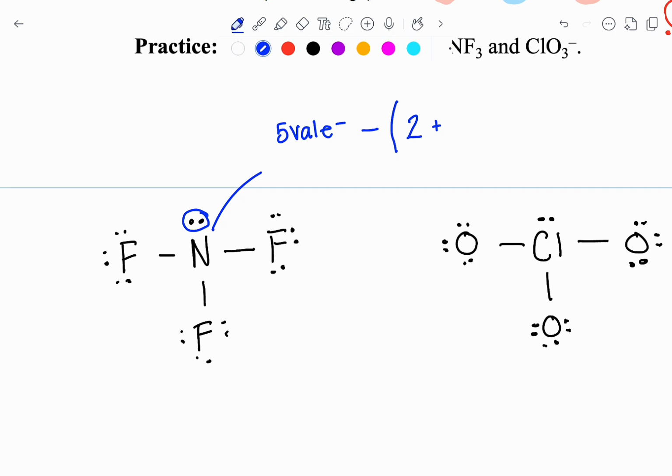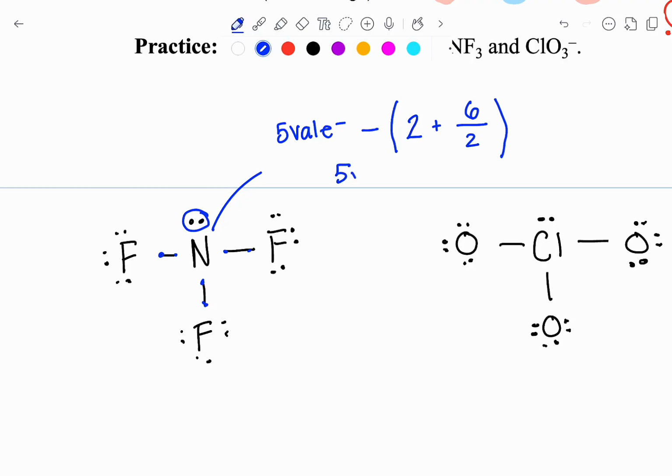So this nitrogen has 1, 2, 3, 4, 5, 6 electrons that are wrapped up in bonds that are associated with it. So 6 that are bonded electrons, and we're going to divide that by 2. So 6 divided by 2 is 3. 2 plus 3 is 5.